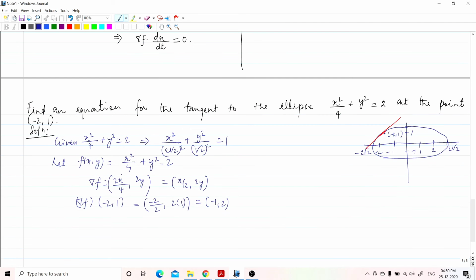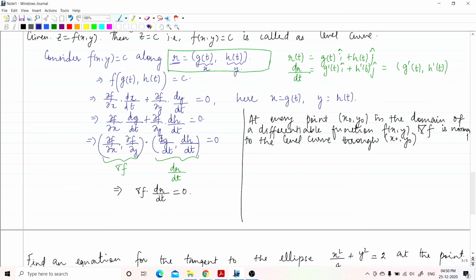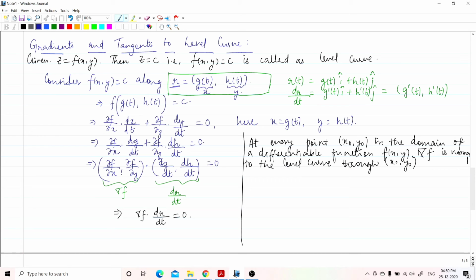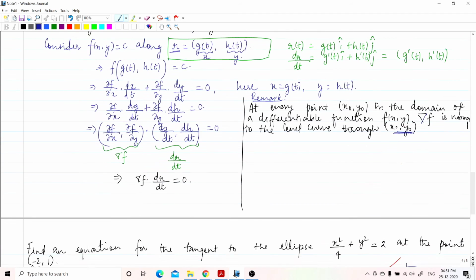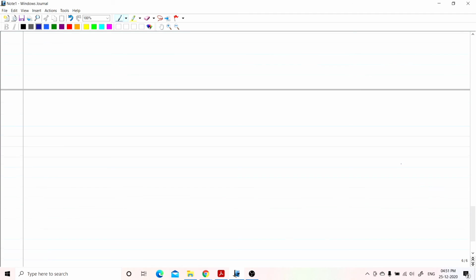And now you check this. What is given? The remark that we have written here: at every point, your gradient is going to be the normal to the level curve. If this is the normal to the level curve through this point, what can be your tangent equation?